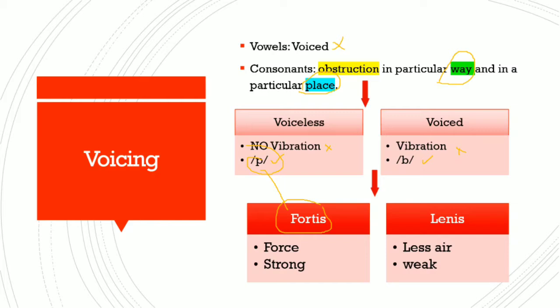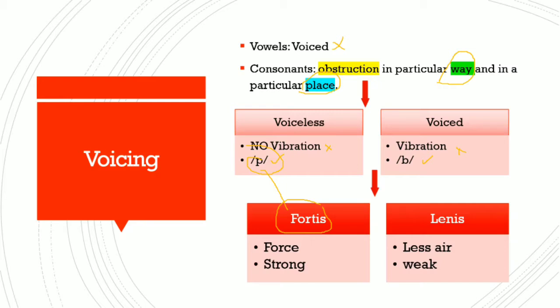So voiceless consonants are fortis because there is a lot of air going out and it goes out in a strong way. And voiced consonants like B and the other ones are lenis because there is less air going out and that air is weak.